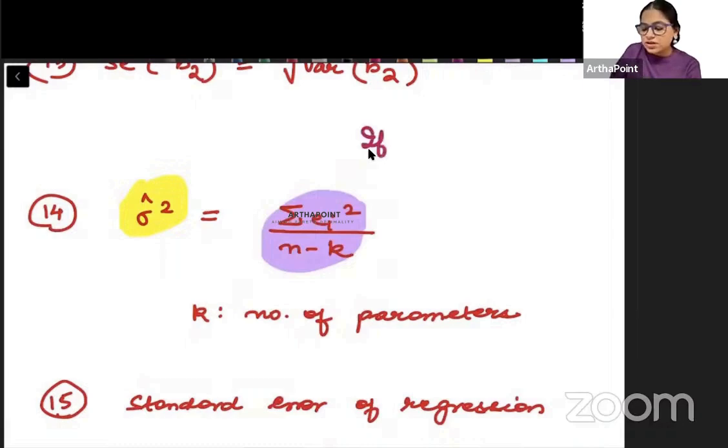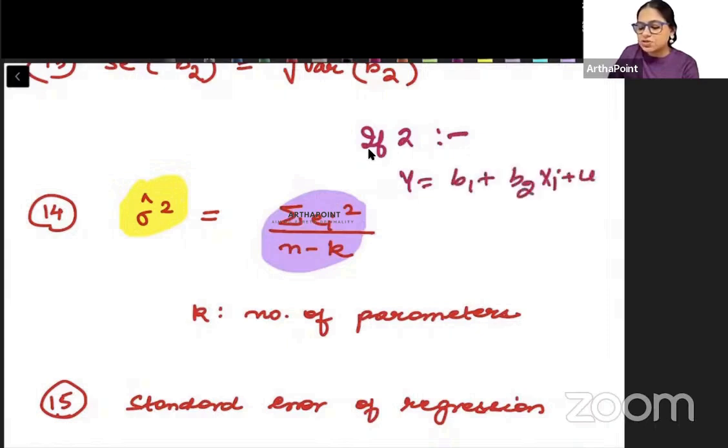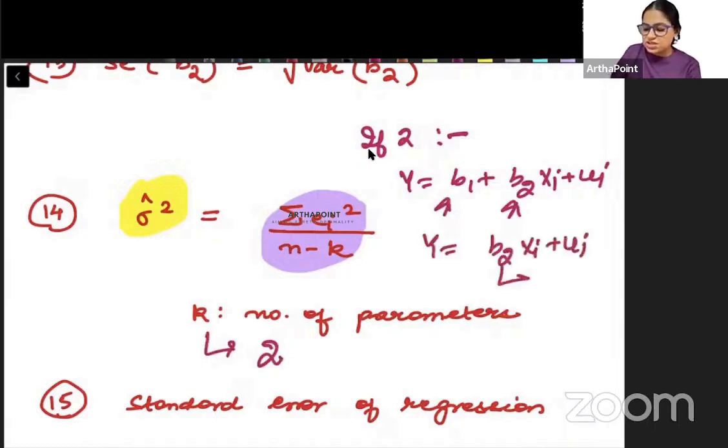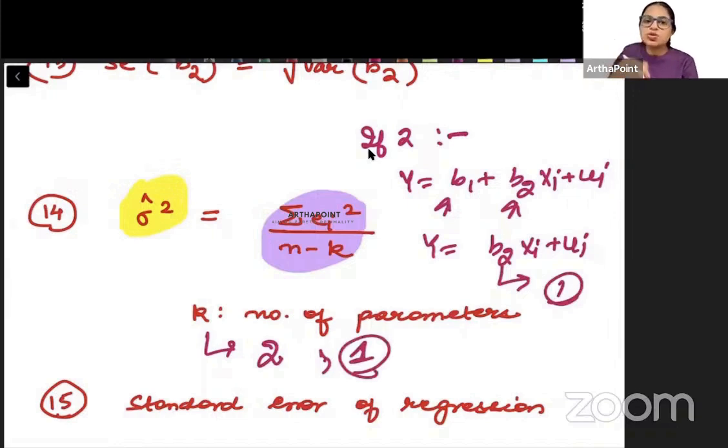If it's a two regression model, माने मेरा मॉडल ये है yi is equal to b1 plus b2 xi plus ui, so k will be 2. If it's a regression model through origin, there is just one parameter, so k will be 1. If it is a multilinear regression model, तो K will be 3. So it depends on what kind of model you are running. Accordingly, you will get the value of K.